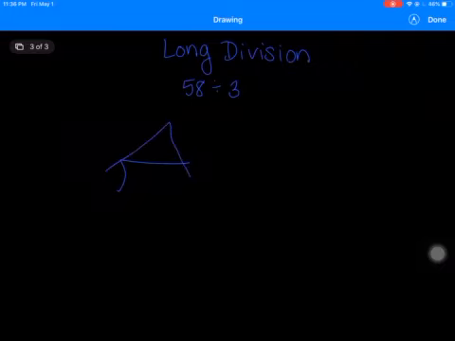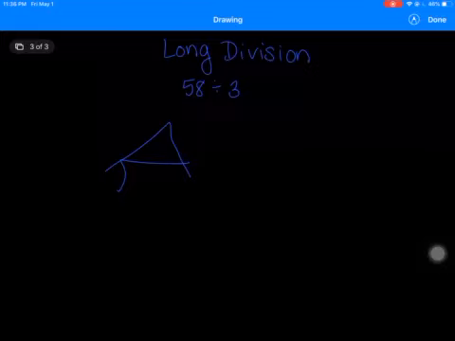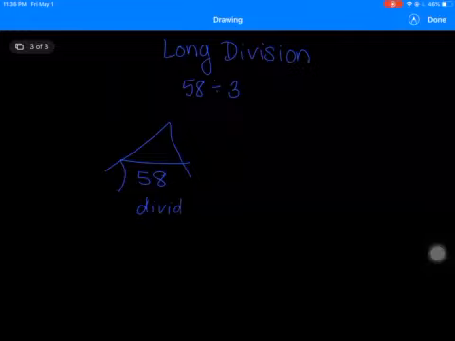I'm going to put a little roof on it first of all, and that roof won't be there in real long division. But if I were thinking, oh, I have a den, like a place where you do work in your house, then that would be where the dividend goes. 58 in this case. Dividend looks like this, and it has the word den in it. So we think of the den, like the den in a house.